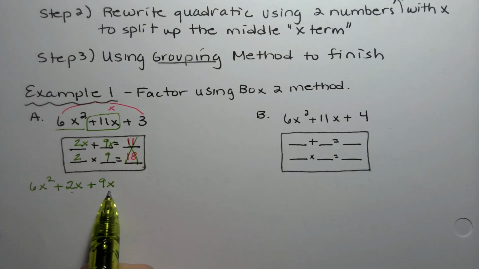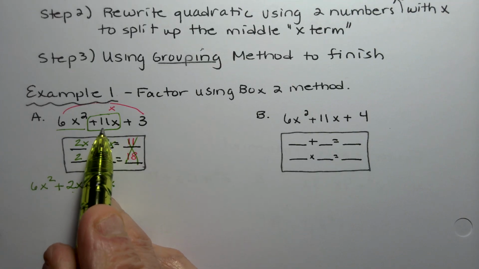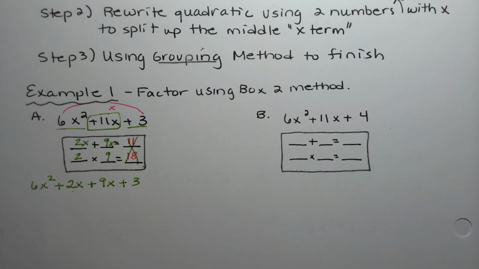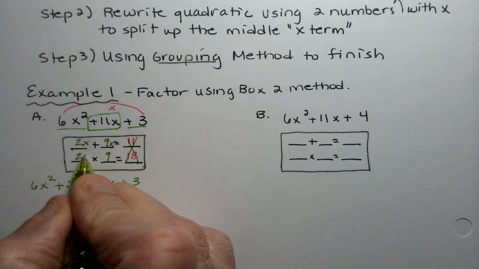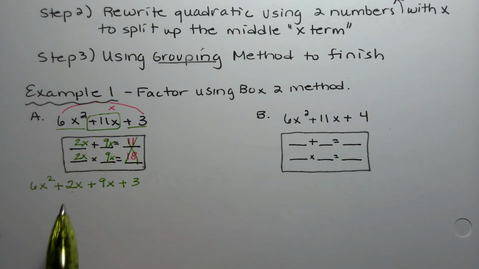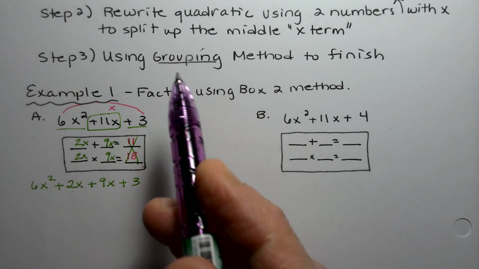Now I write the last term, plus 3. First question, I know you guys are asking, could you have put the 9x and the 2x? Yes. The order you put those in doesn't matter. You just add an x to each of them, or whatever variable it happens to be. Next step is now we group.